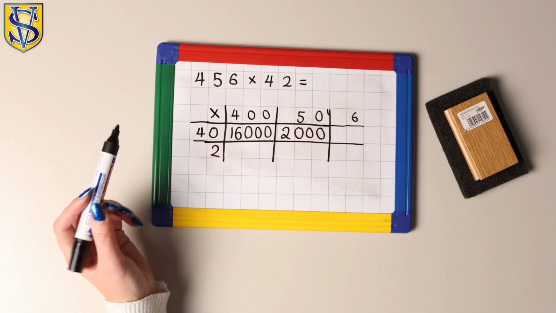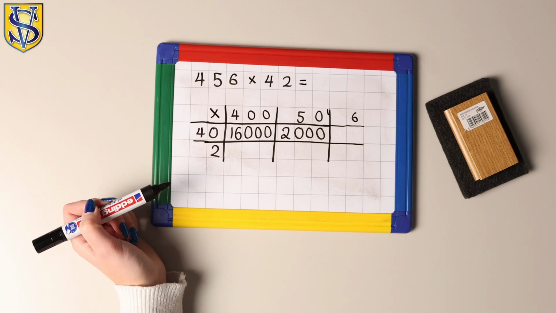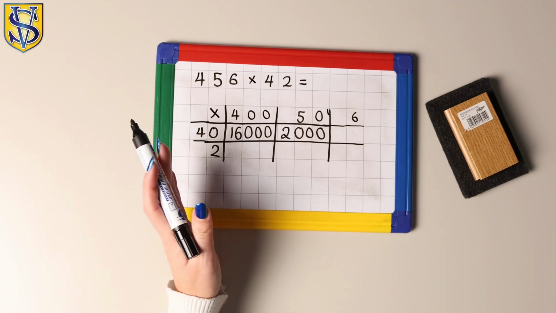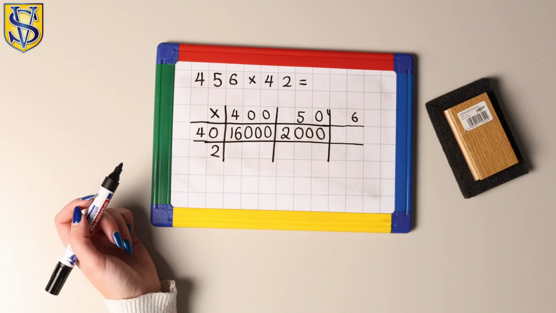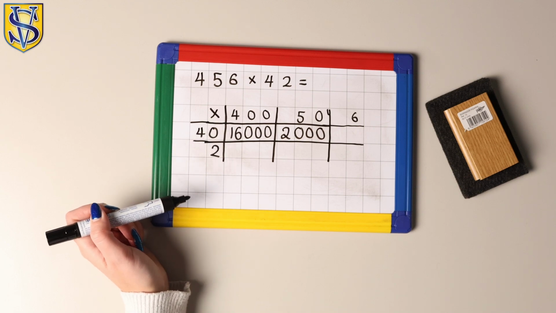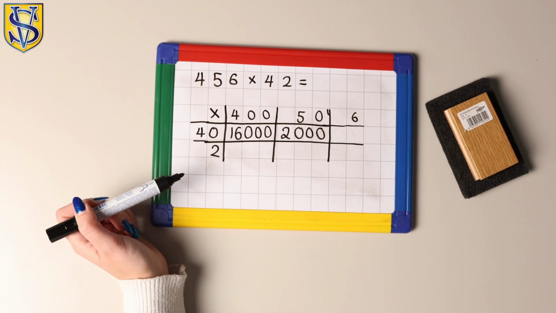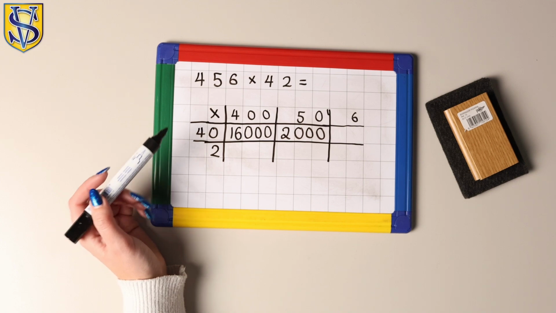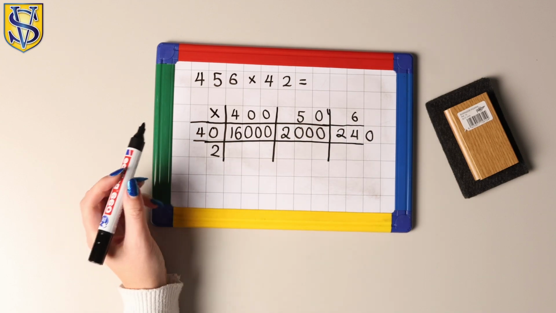And then the next one is going to be 40 times 6, which again could be seen as a little bit more challenging. So you can do 4 times 6, and then as there is 1 zero there, that means it would have to be moved by 1 place to the left, which is making it larger. And so that's the same as multiplying it by 10. So you can do 4 times 6 is 24, times 10 is 240.